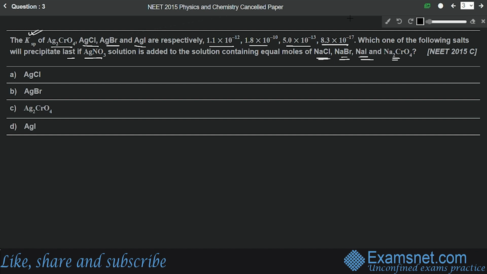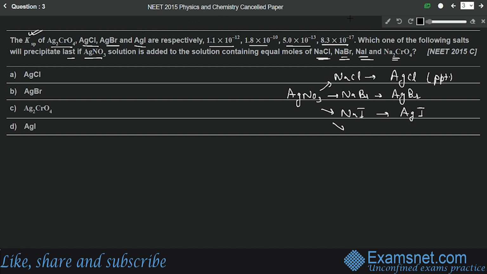So we know that when silver nitrate is added to sodium chloride, silver chloride will be formed as a precipitate. When it is added to sodium bromide, the precipitate will be silver bromide. When it is added to sodium iodide, the precipitate will be silver iodide.